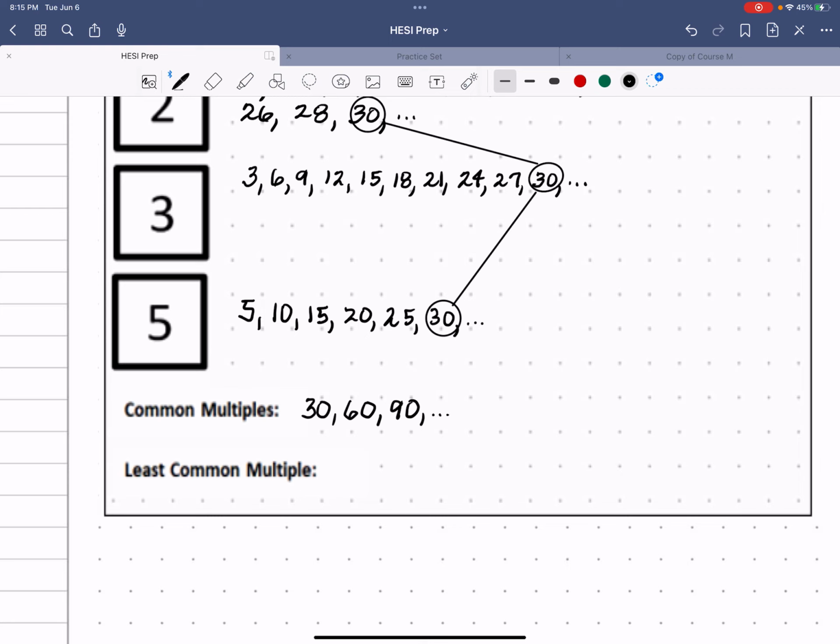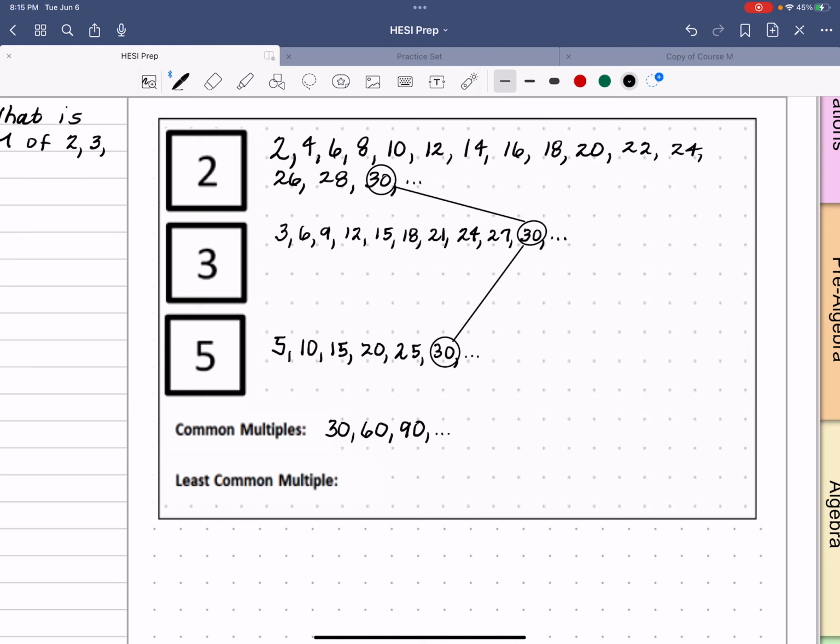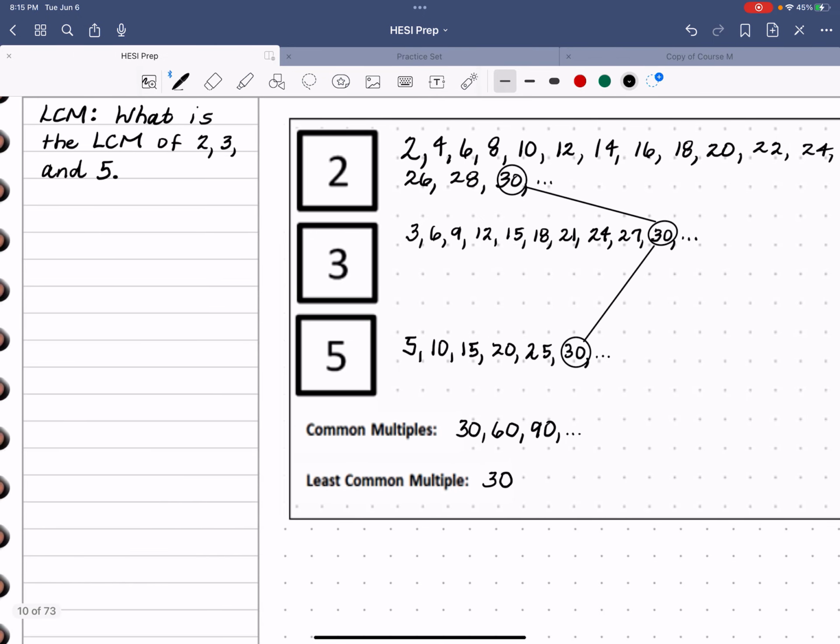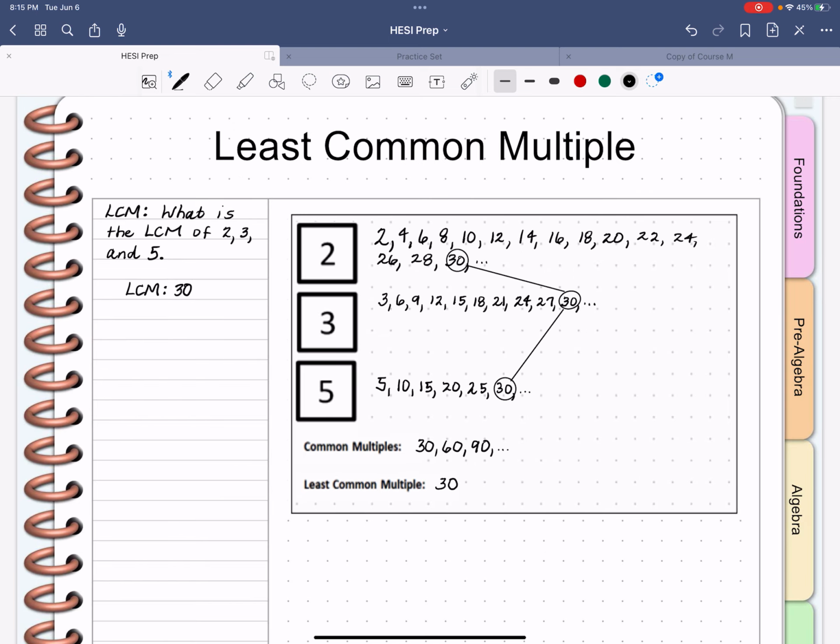But we want the least one, which is the smallest common multiple that we can find. And that's going to be the 30. So the LCM of these is 30. And you will use this skill when you do fractions to get a common denominator.